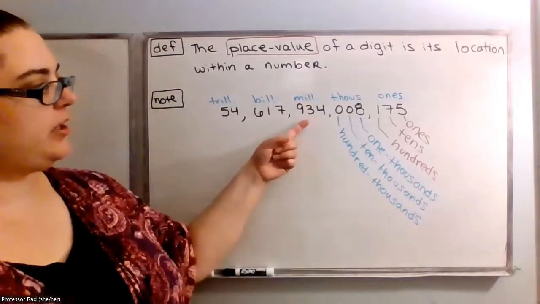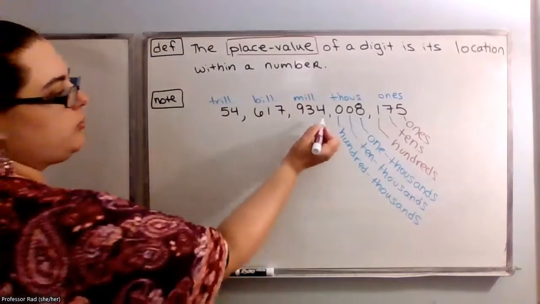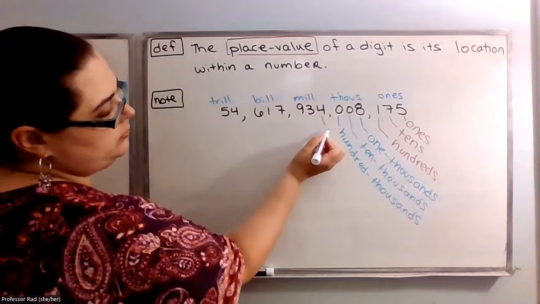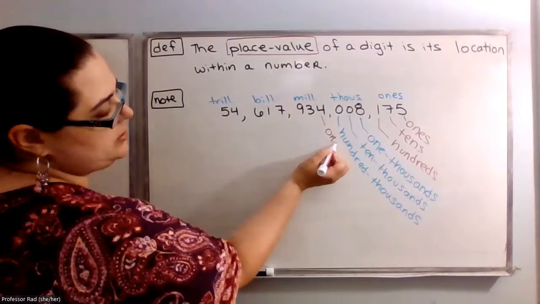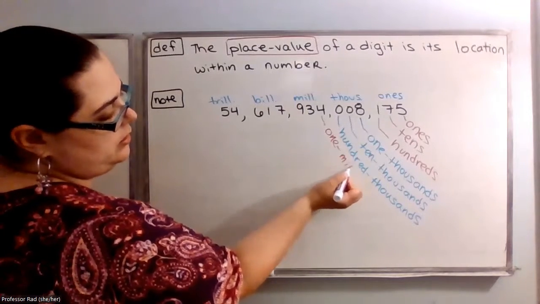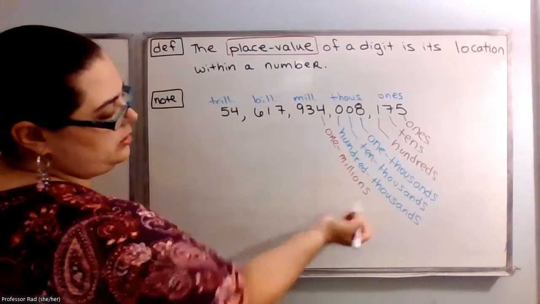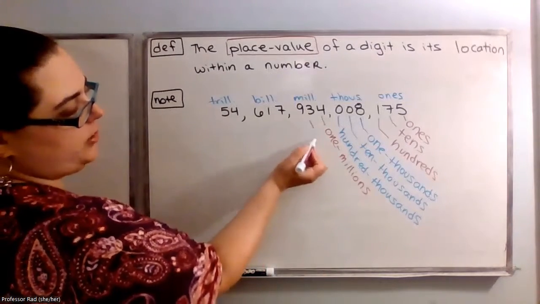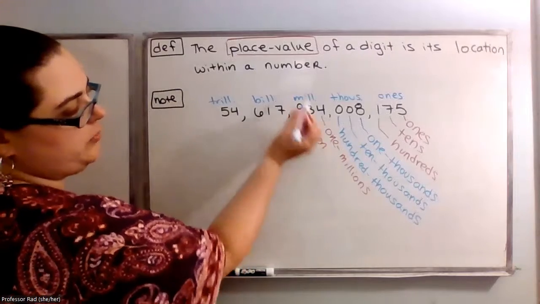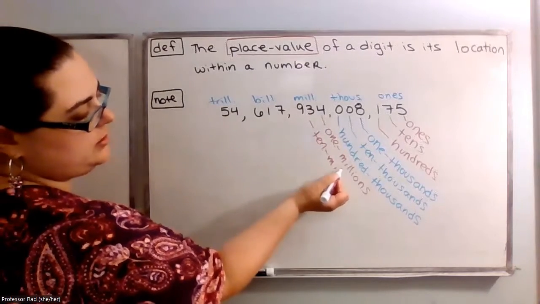So we'll do the same thing here. Now that we're in the millions period, we're going to have 4 million. So that's in the 1 millions place. The 3, now we're going to have 10, and we're in the millions, so we have 10 millions.